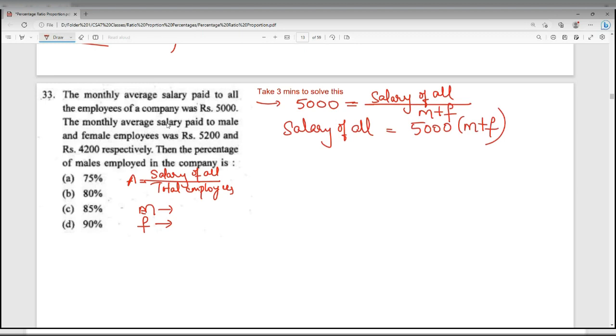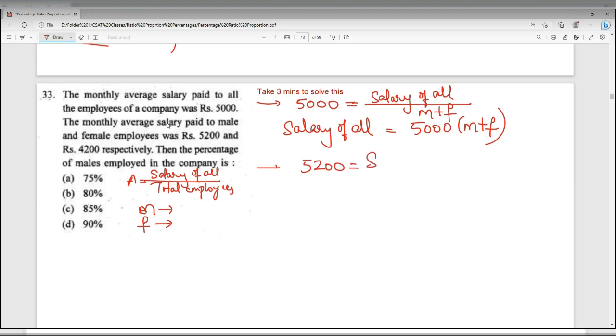And then what they're saying is the monthly average salary paid to the male and female employees was 5,200 and 4,200. So 5,200 was the average salary of the male.